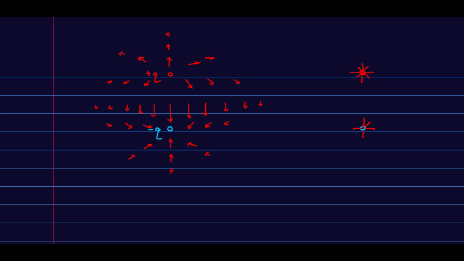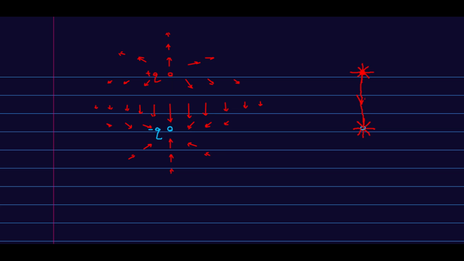So I'm just going to say, 1Q means 8 lines, and so I'm going to have 8 lines in or out of each of these. If I had a charge 2Q sitting around here, it would need 16. And I just made up that number 8, but it tends to result in pretty good diagrams.